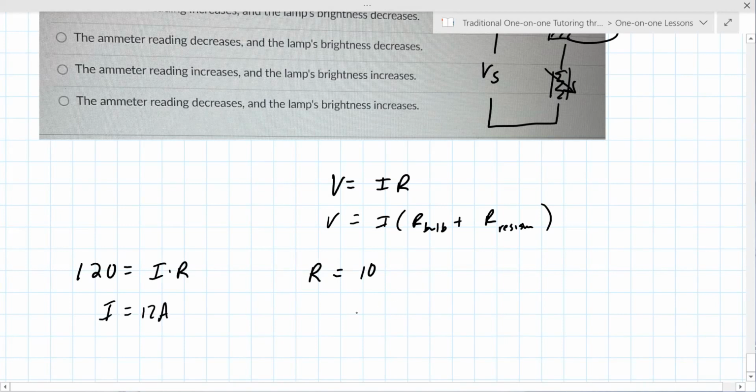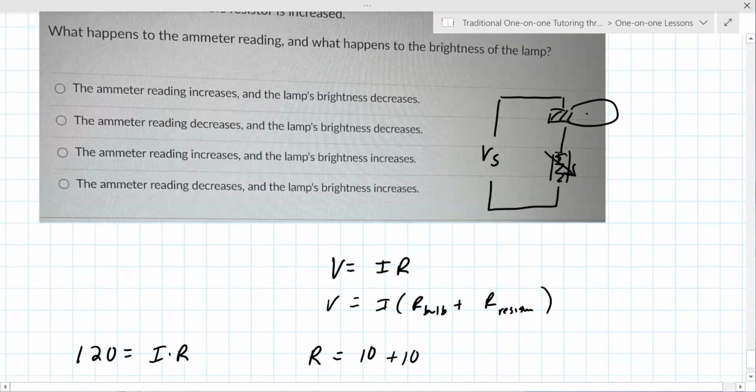But then this goes up, like we increase the resistance to 20. So now I is 6 amps. So the ammeter decreases. The current decreases. So when you increase resistance, the ammeter decreases. So that gets us down to those two options.